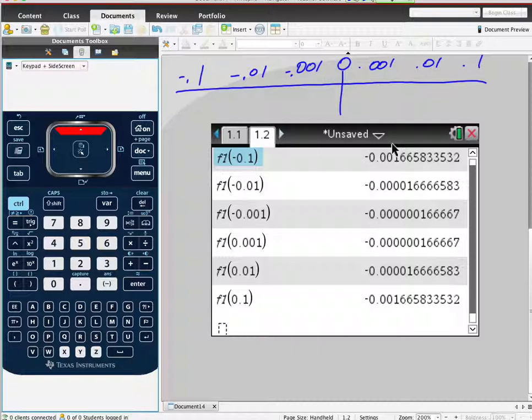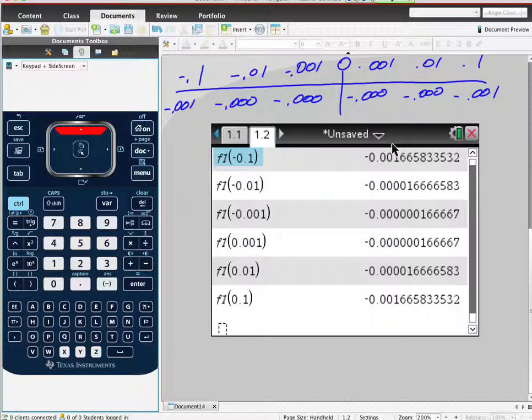So negative 0.1. Next one is negative 0.001, and so on, down to negative 0.0001.